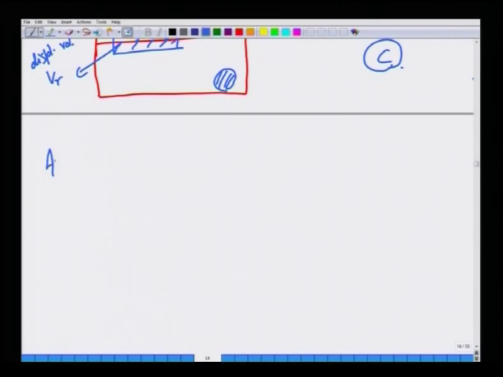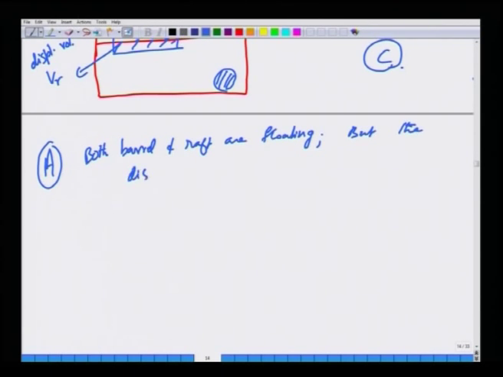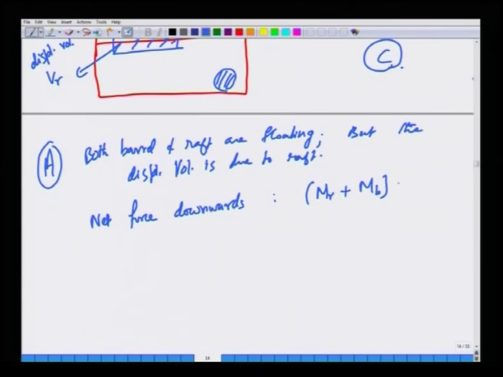So, let us consider case A. Okay. Here in case A both barrel and raft are floating, okay, but the displaced volume is only due to the raft. So, by using Archimedes principle, the net force downwards is given by the sum of weights of the raft and the barrel times g.